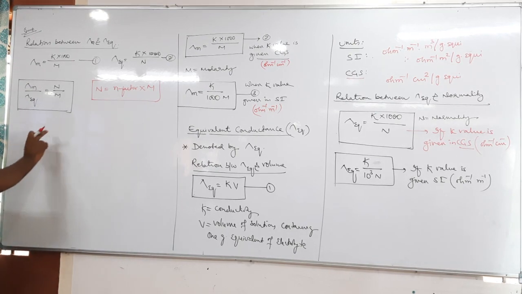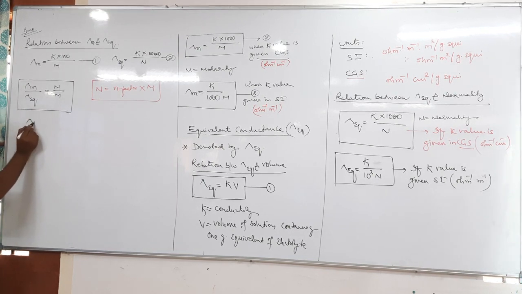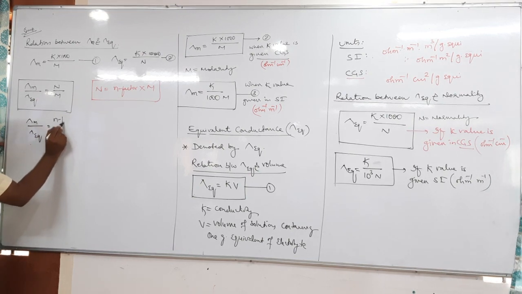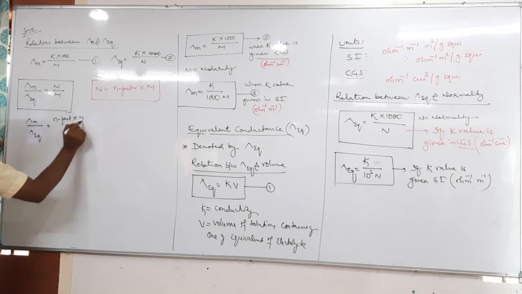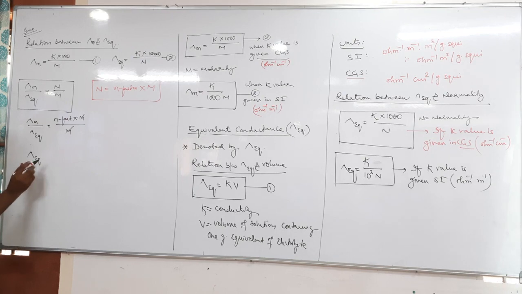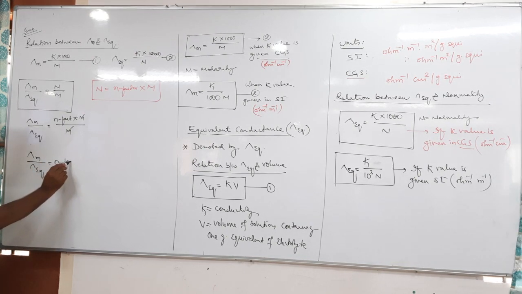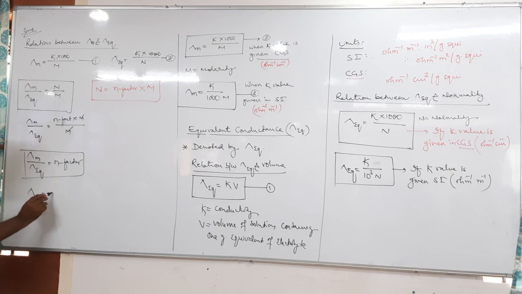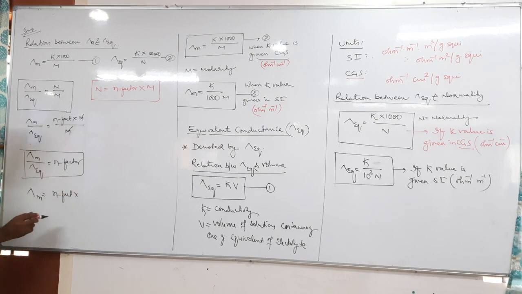Fine. Now substitute in this equation. Lambda m by lambda EQ is equal to n factor into molarity by molarity. So lambda m divided by lambda EQ is equal to n factor. Then lambda m equal to n factor into lambda EQ.